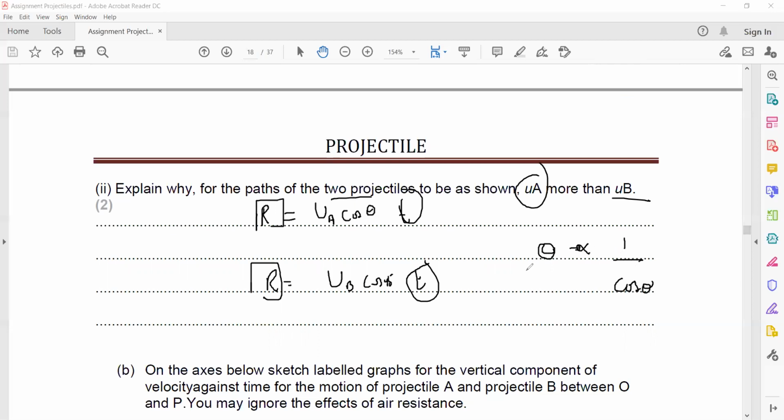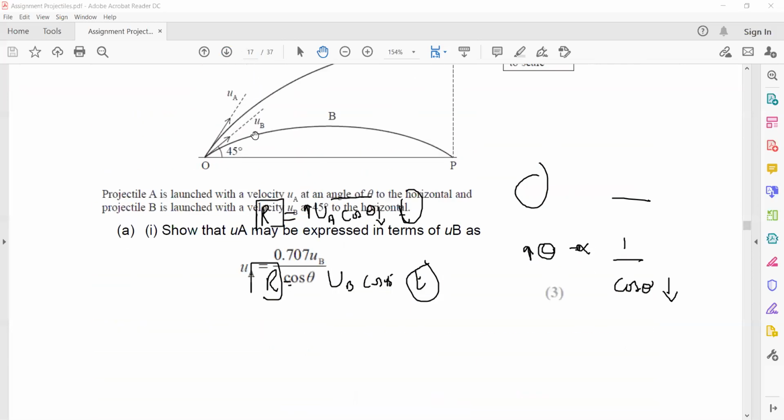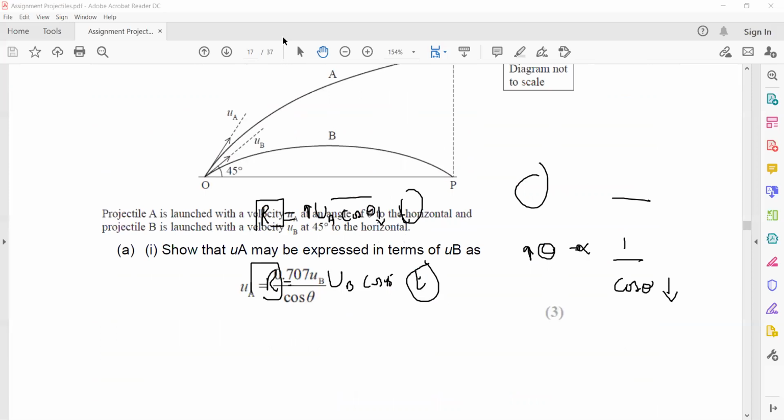As the launching angle of A is more, cos theta is decreasing, so UA should be higher. Is it clear? If cos theta is less, UA should be higher so that we have the same range.